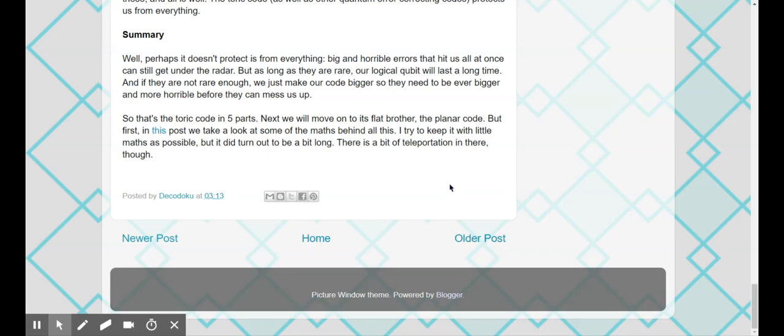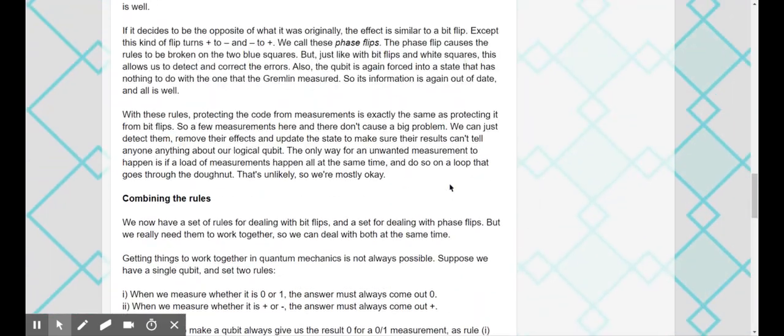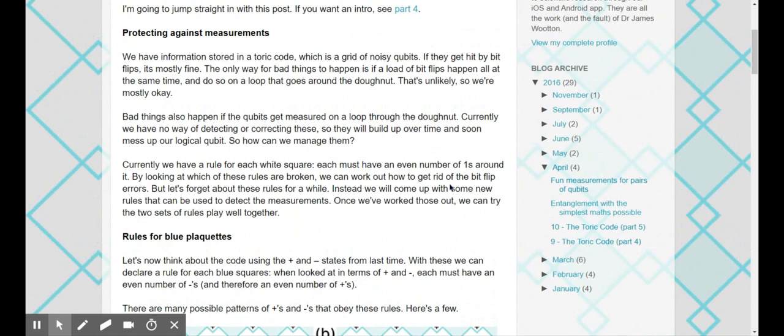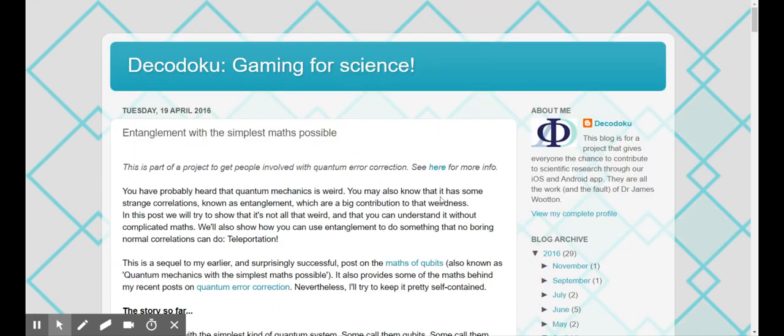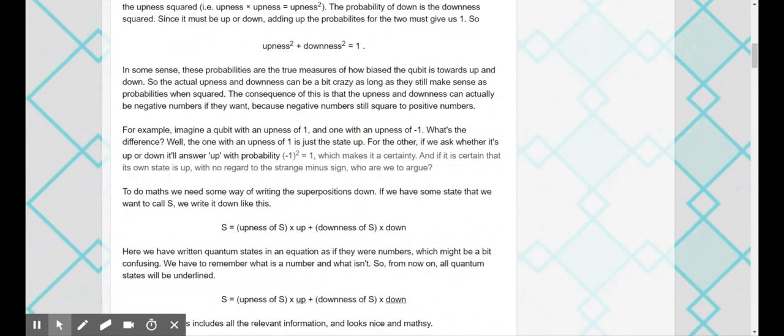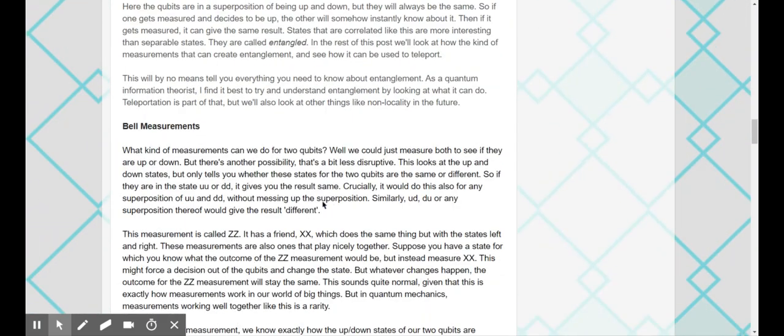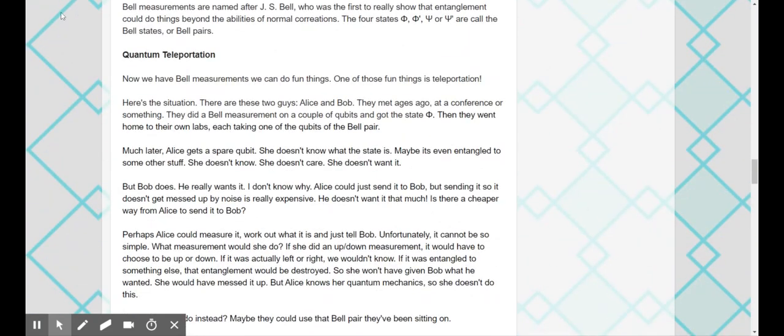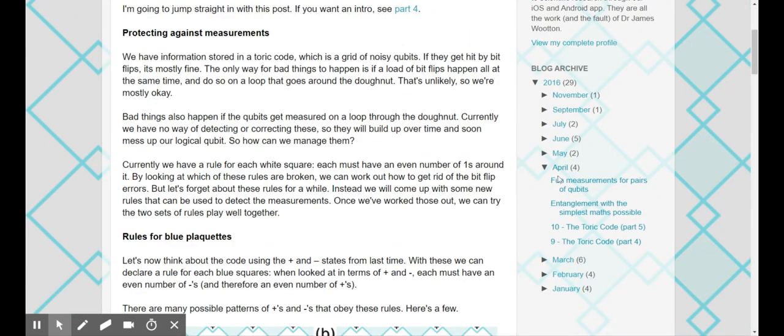Next one, flat brother, the planar code. Is this the entanglement with the simplest math possible? It doesn't look like. No, that's not it. I'm just trying to find it before I switch. Okay, maybe I'll just do this out of the video.